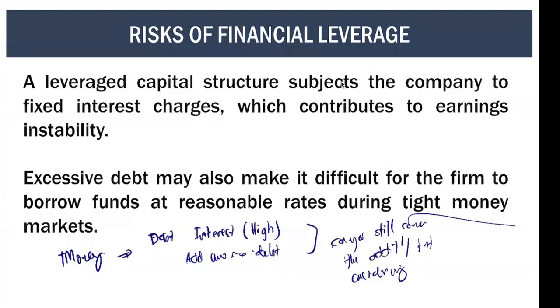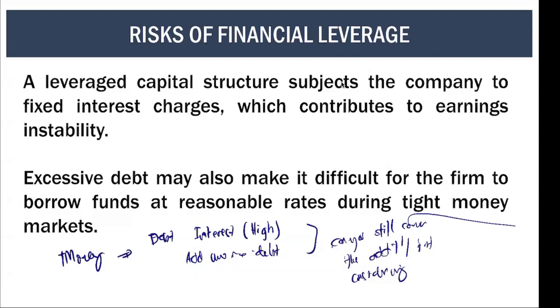And take note, which is easier to raise? Is it debt or equity? Of course, when you have exposed your equity already, you cannot raise any more equity. The next thing that you can raise is, of course, debt. Remember, for equity, you only have a maximum number of shares to issue, depending on what is approved for you by the government.